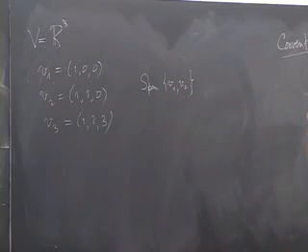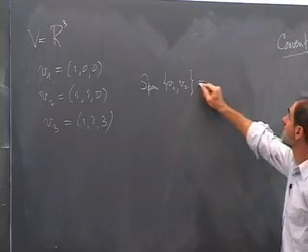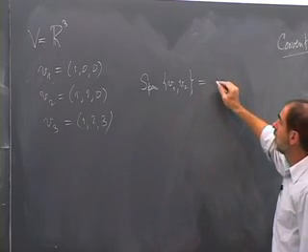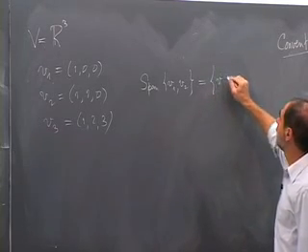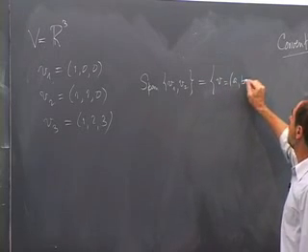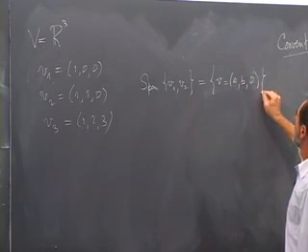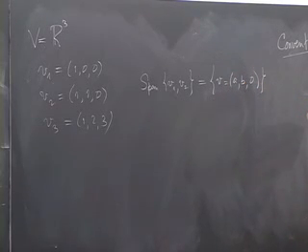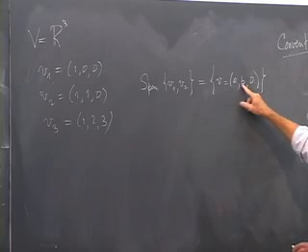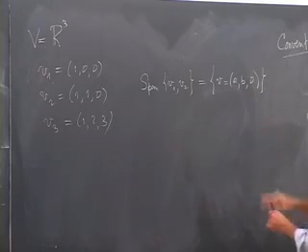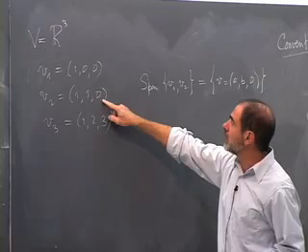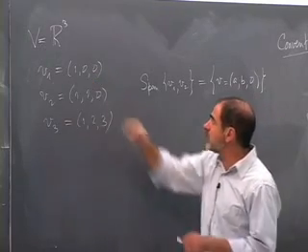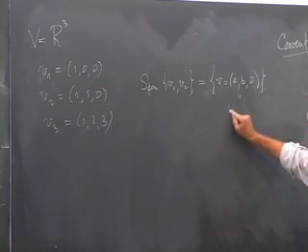Well, I claim that's all vectors of the form V equals (a, b, 0). Because if I want to get this vector, it would be b times V1 plus something times V2.